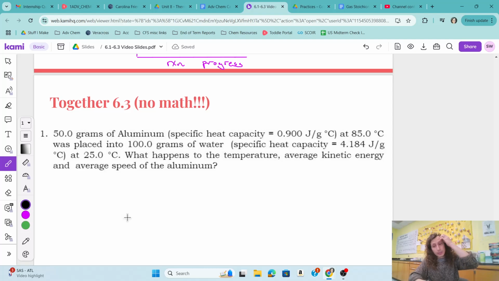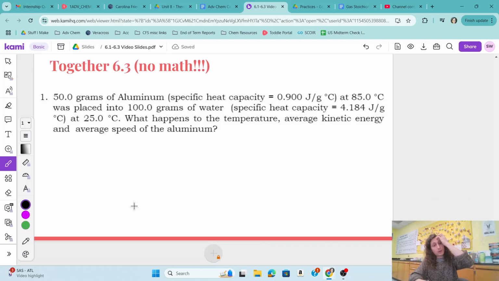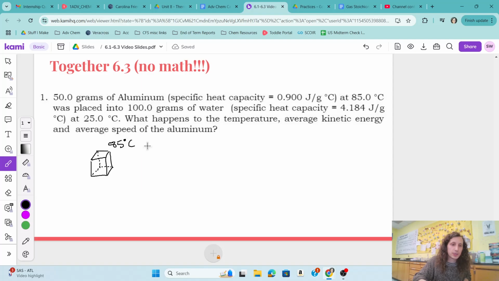All right, and this one again is kind of setting us up for the next topics. So if we have 50 grams of aluminum, so this is our little aluminum block. Again, here goes Spencer, the geometry teacher, astounding you with his mastery of platonic solids. And it is at 85 degrees C, and we're going to put it into 100 grams of water.